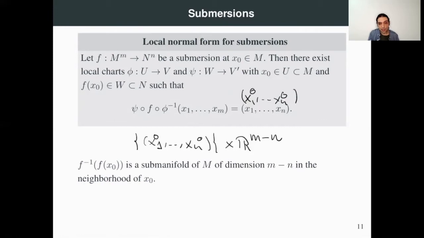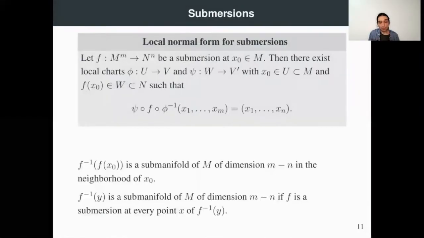And since the definition of submanifold is actually introduced by using local coordinates, then the preimage of F of x0 is a submanifold of dimension m minus n in the neighborhood of x0. That's a direct consequence of the local normal form for submersions.